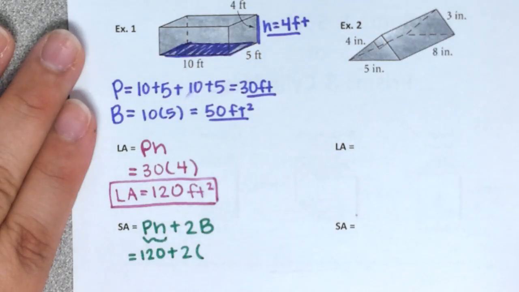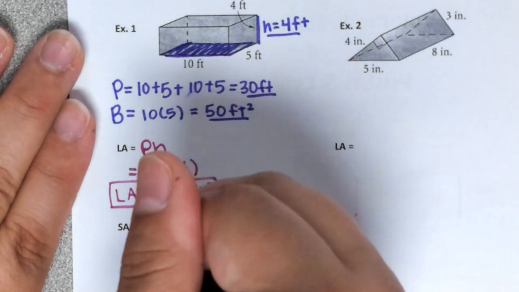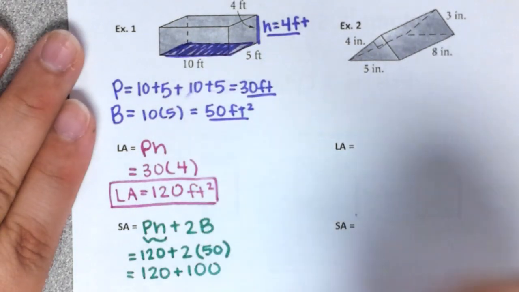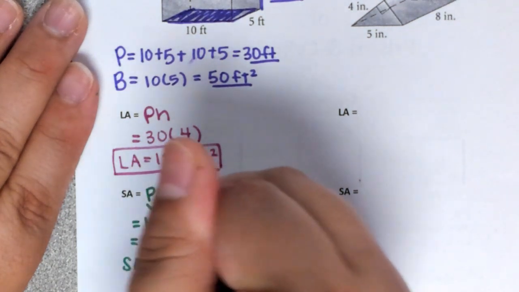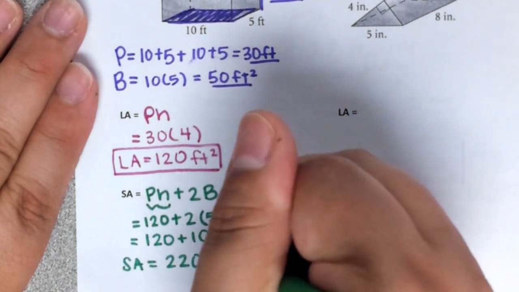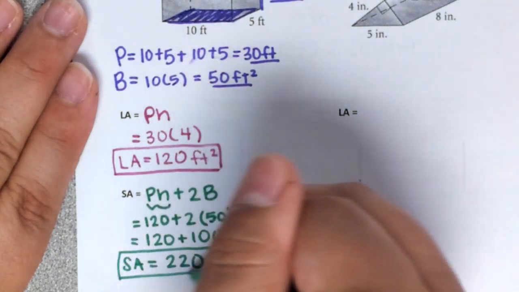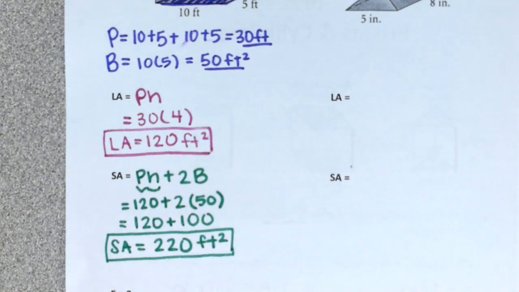What did we say big B was? 50. And what is 2 times 50? So what is 120 plus 100? And again, we're still talking about area, so it's still feet squared. Do I have any questions so far? We're okay? Write that down, please.